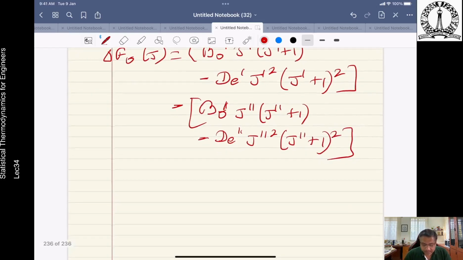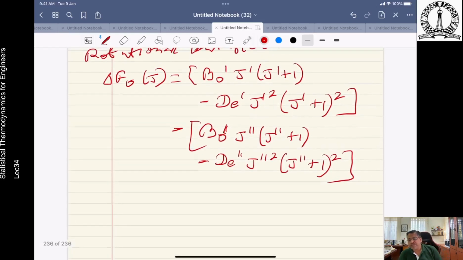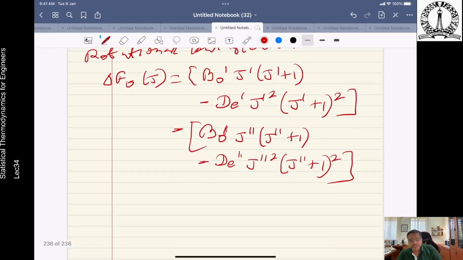Again, the double prime and the single prime refer to the lower and the upper electronic states respectively.